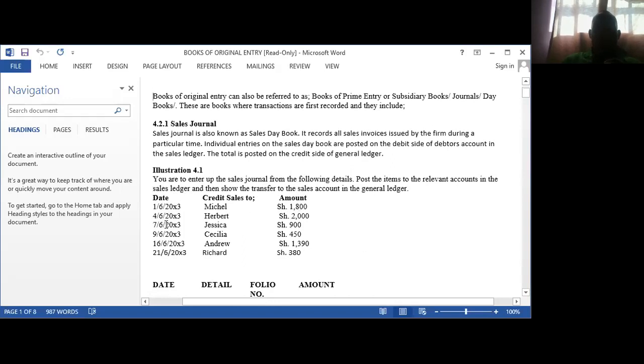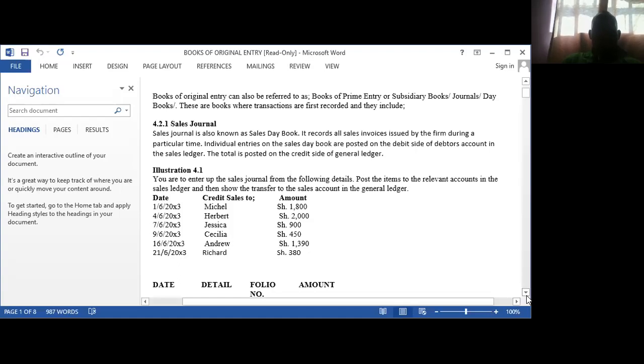On 4th June, they were sold to Herbert, worth 2,000. On 7th June, to Jessica, 900. On 9th June, to Cecilia for 50. On 16th to Andrew, 1,390. And on 21st to Richard, 380.